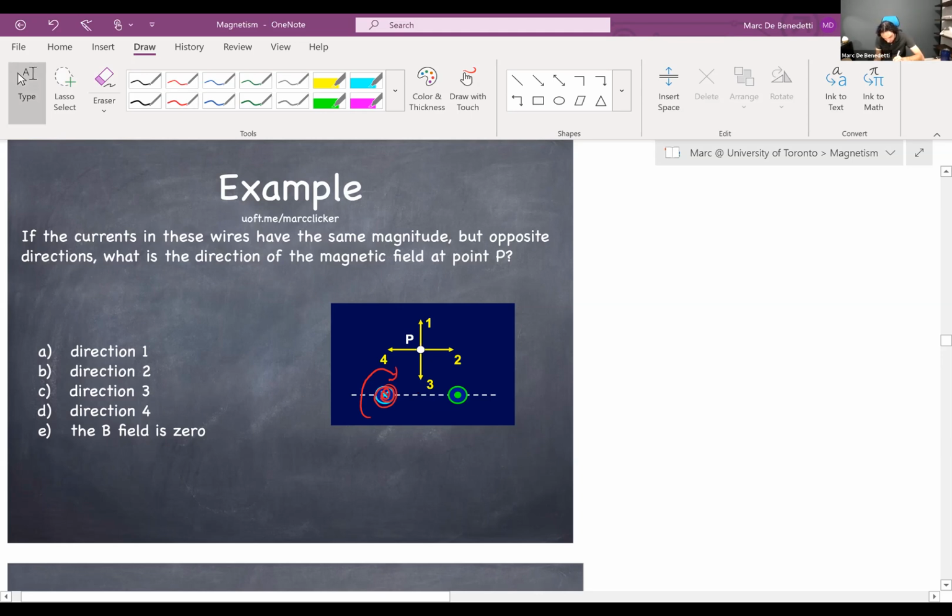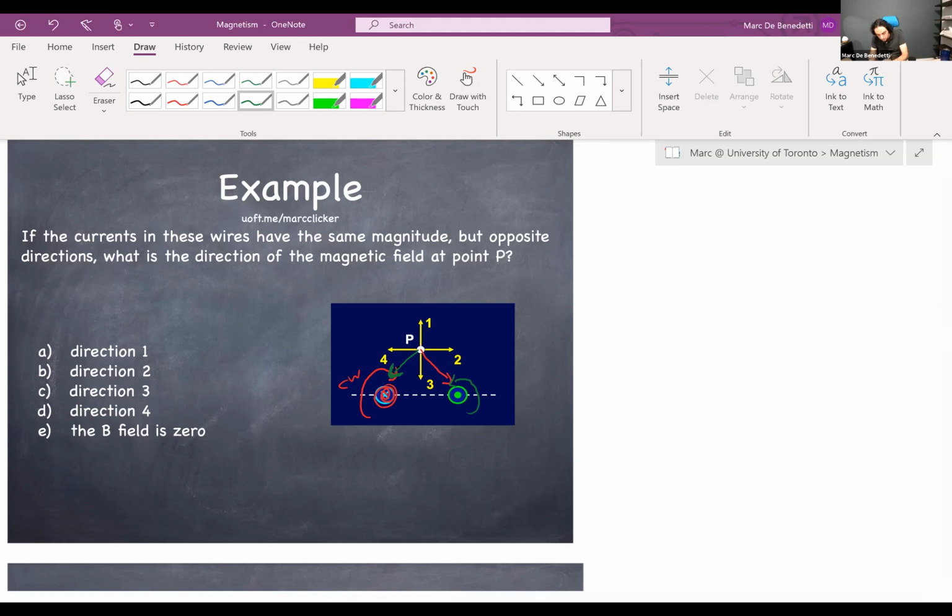Clockwise from the left-hand wire. So at point P, that means the B field is going to be pointed down at that one specific point. Now, due to the other wire, right-hand rule, thumb out of the board, and your fingernails now wrap in the other direction. So your B field is going to be sort of pointing down and on an angle like this.